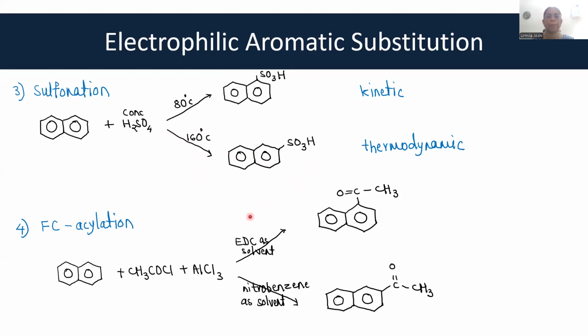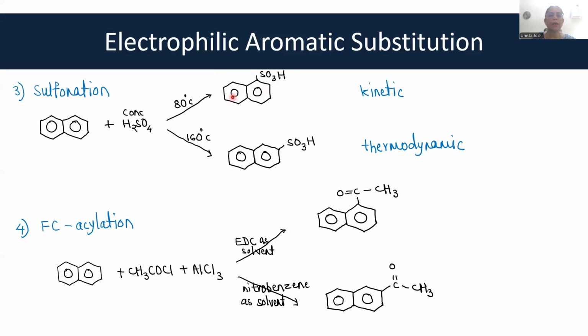Now, why does it happen? This can be explained on the basis of kinetic versus thermodynamic control of the reaction. Look at this product. This is the expected product because when there is one substitution, there are more resonating structures.